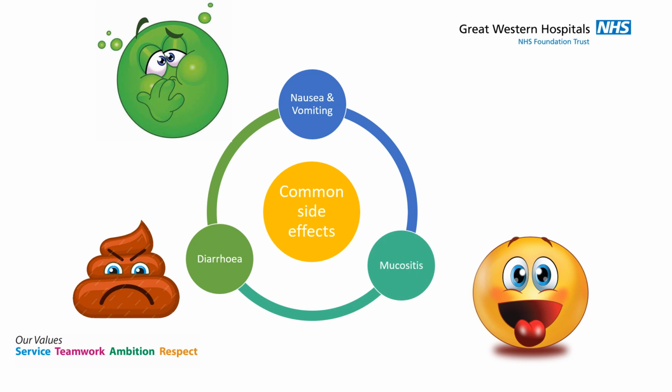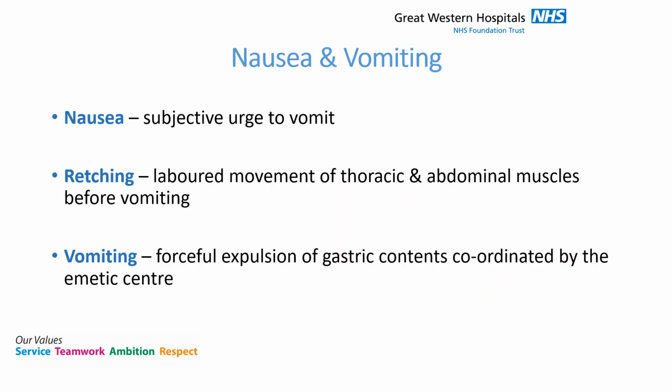As you can see from the lovely diagrams, I'm going to talk to you specifically about nausea and vomiting, followed by mucositis, and then finishing off with diarrhoea. I'm going to talk about these side effects from the perspective of a healthcare assistant, and also what you can do to support patients who are struggling with these specific side effects.